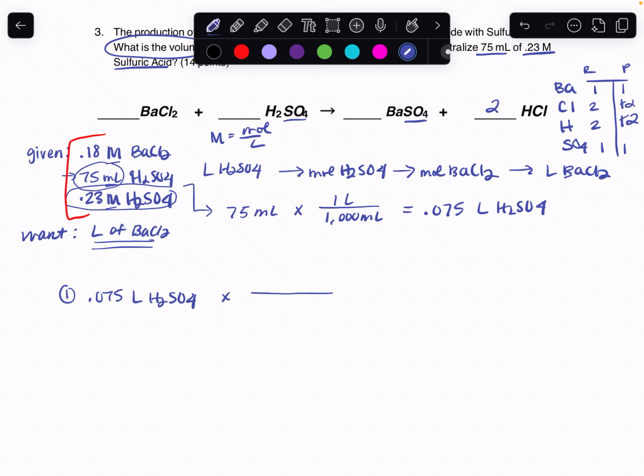So just start checking them off the list. We'll use molarity: 0.23 moles per 1 liter. That's what M is, right? Multiply this out, and you will get 0.01725 moles of H2SO4, because our liters will cancel.